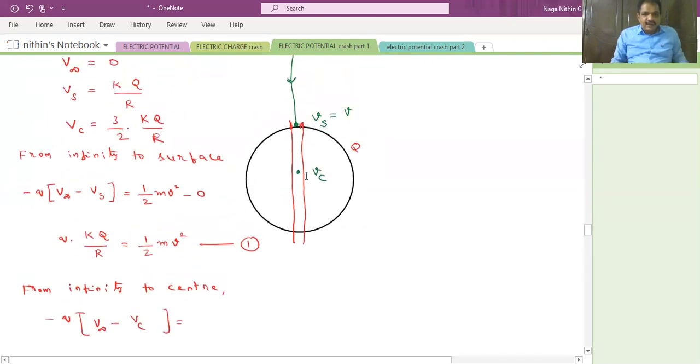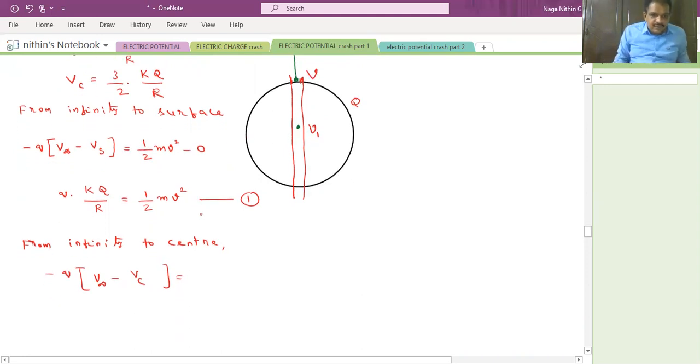You already use V here, they directly gave it. Assume V1, so this is equal to half m V1 square minus 0.